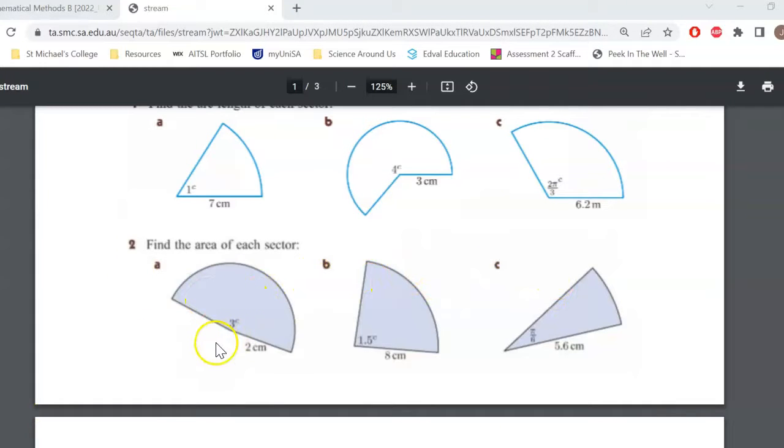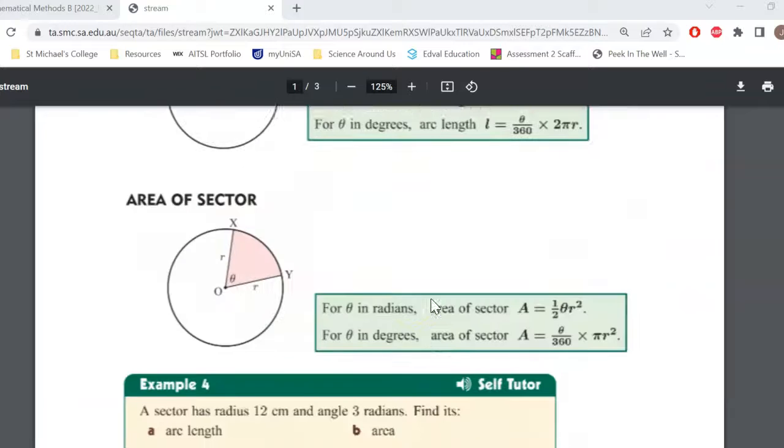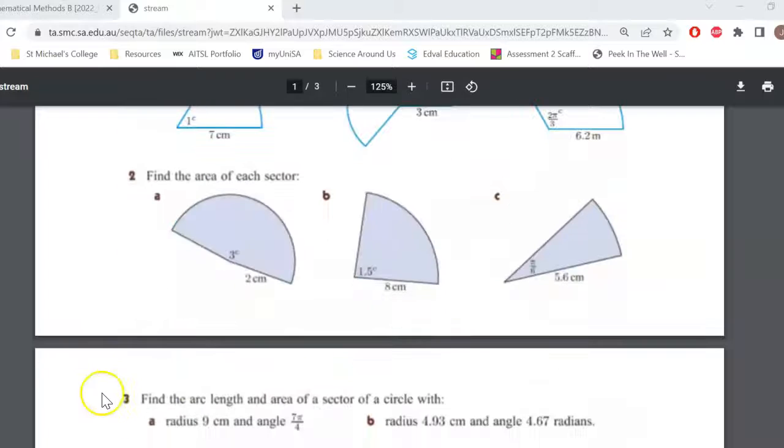In question 2, we're asked to find the area of each of these sectors. It's important to determine, well, is the measurement given in radians or degrees? They're all given in radians for question 2. So that means that I'm going to be using A equals half theta r squared. So for this first one, we've got 3 radians and the radius is 2 centimeters.